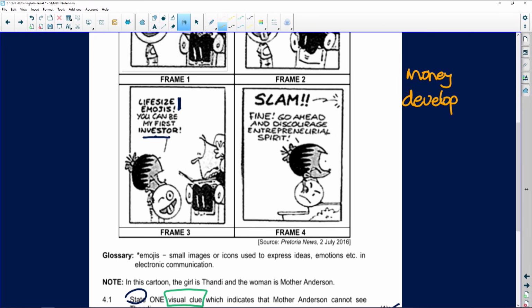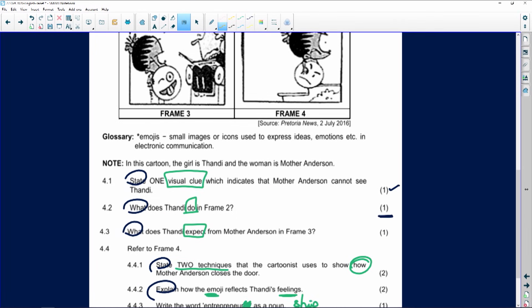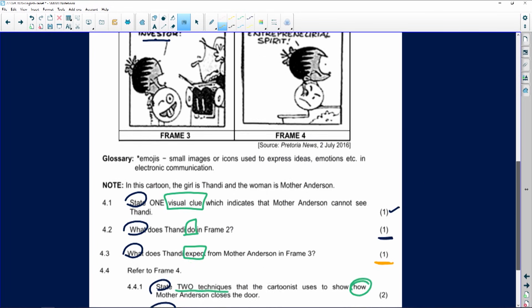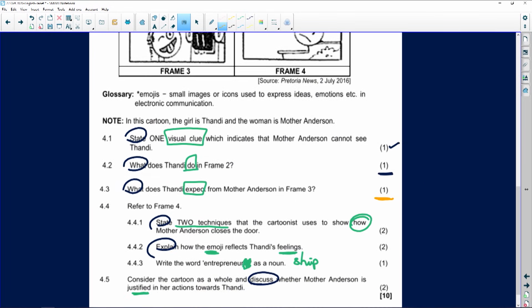So she's expecting her to pay Thandi so that Thandi can produce life-size emojis on a larger scale. Right, notice it's only for 1 mark. So I'm not sure if it's for the investing money, give her money. Try not to use invest because we've got investor. Give her money, or whether it's money plus to develop her emojis, develop a company, or at least some kind of business.